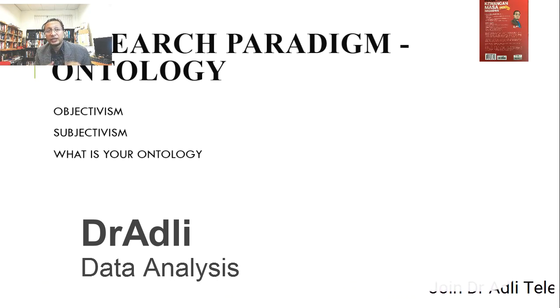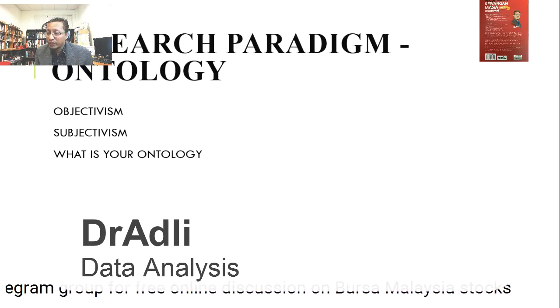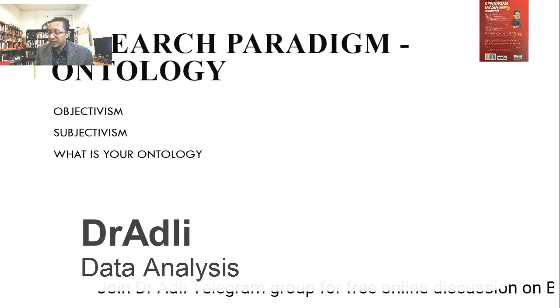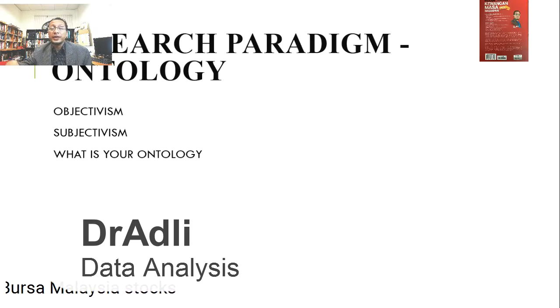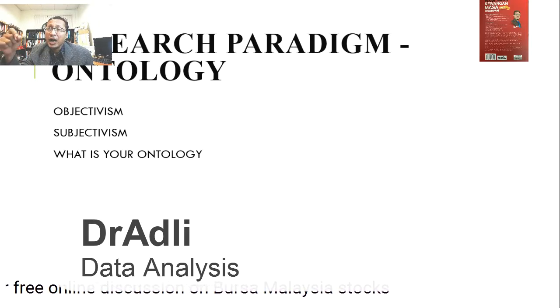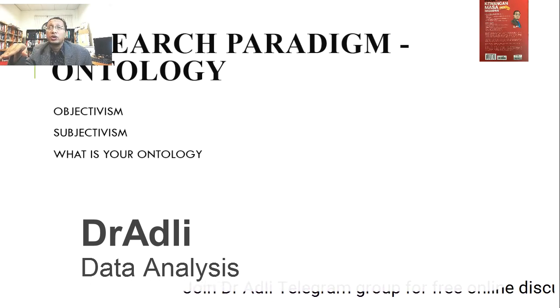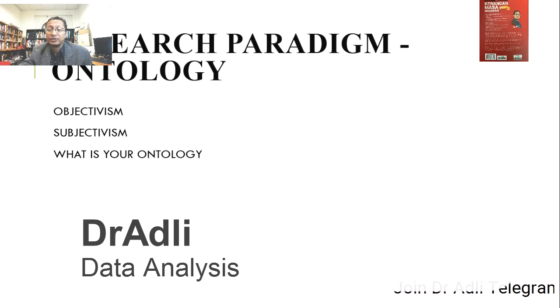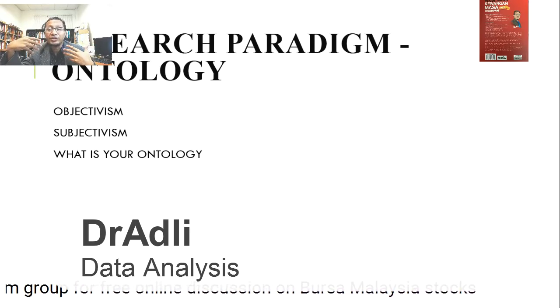But when we look at subjectivism, probably they will say that, oh, this table was crafted by someone named Abu, a man who lives in Kuala Lumpur and so on, right? So the idea is that how you see your reality, you want to put into your thesis, into your research. All right, so first we understand that ontology is how we see our own reality.